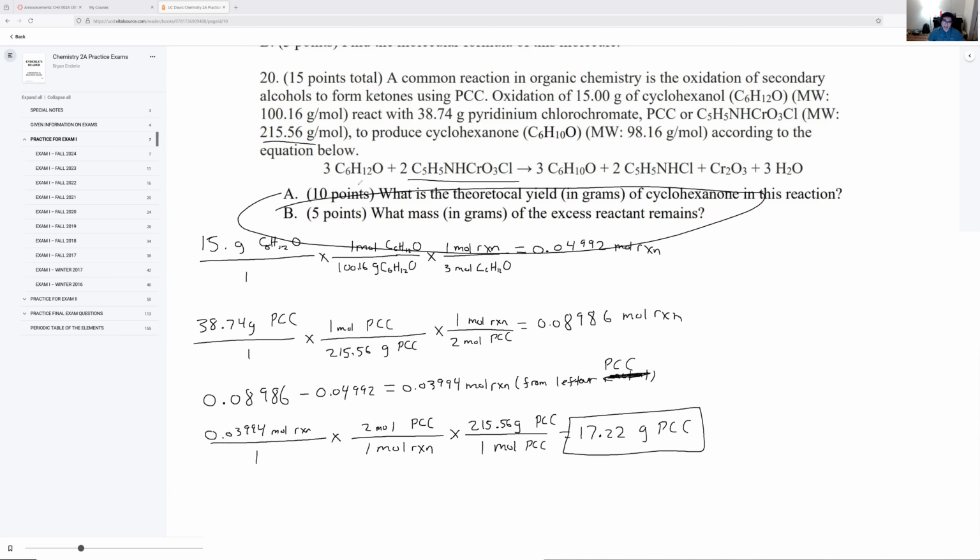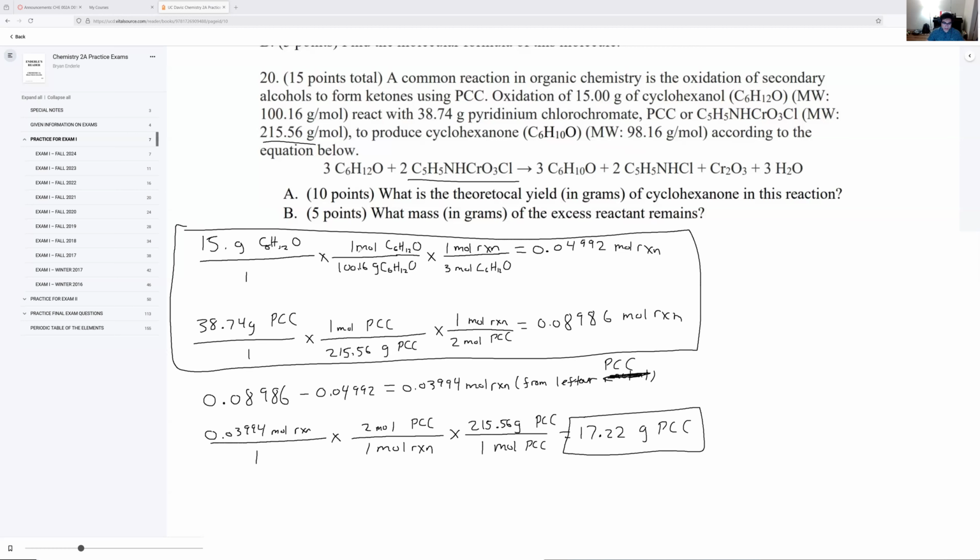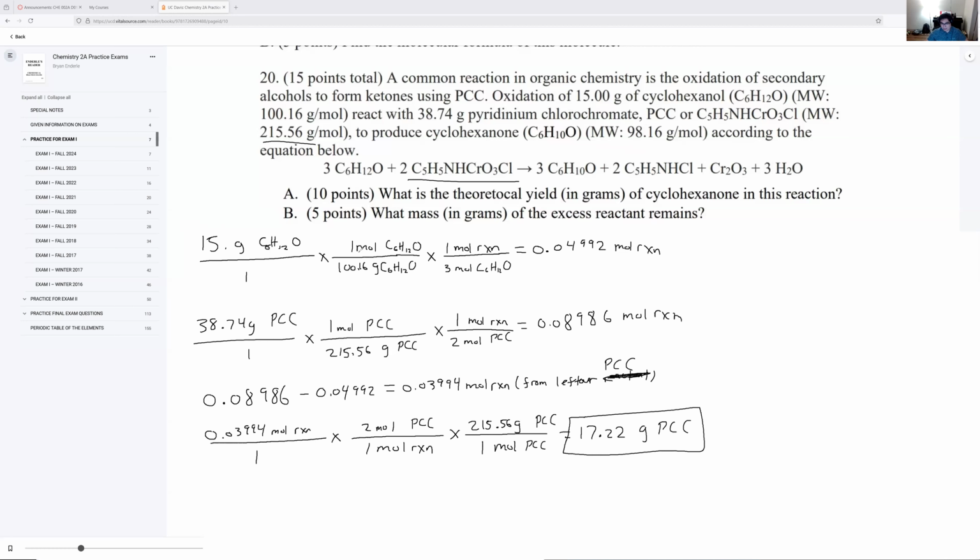If you have to find how much excess reactant is left, then you have to do extra back calculation, or it's just conceptually harder, in my opinion, at least, to understand what's going on instead of just converting it into moles of reaction or recipes worth, and then converting it to, right, product or excess reactant.